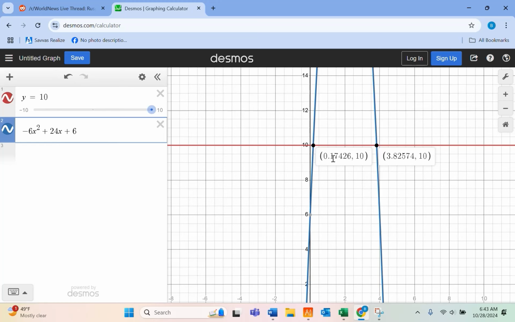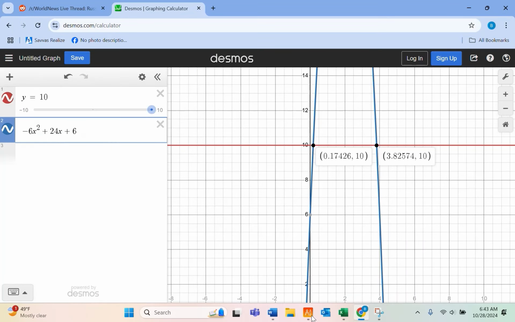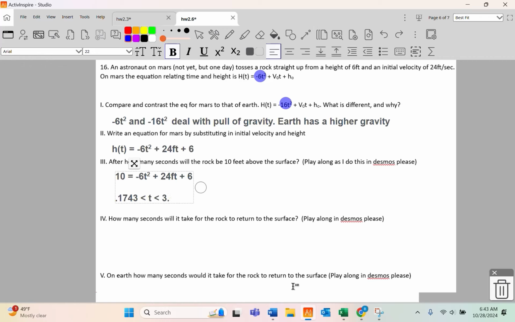So let's say 0.1743 less than time less than 3.8257. That's how you write the answers in inequality. Now, as an interval, 0.1743 and 3.8257. So as long as I'm between those two times, I'm 10 feet above the surface.